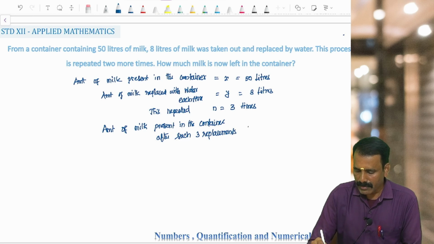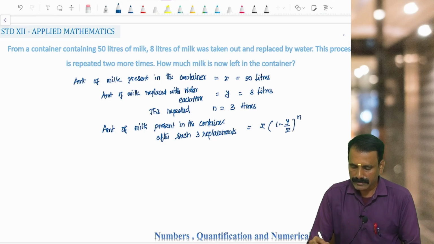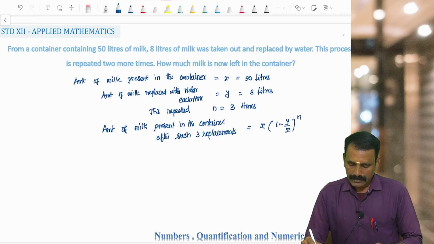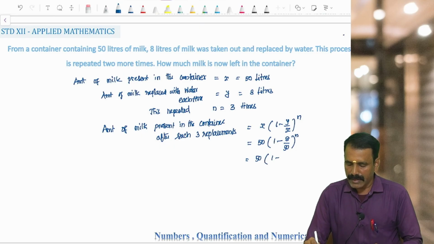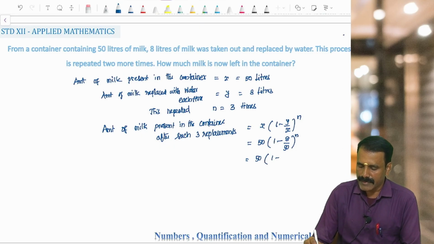We are going to use the formula x into 1 minus y by x whole power n. So we substitute the values. 50 into 1 minus 8 by 50 whole power n. 50 into 1 minus, we divide this one, 8 by 50.